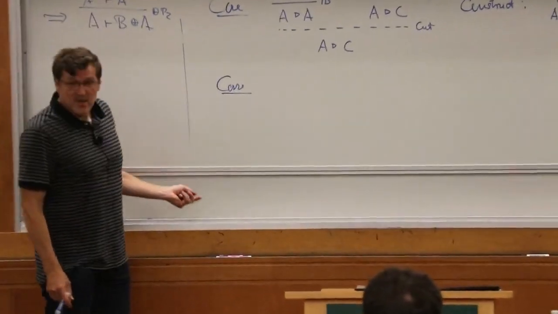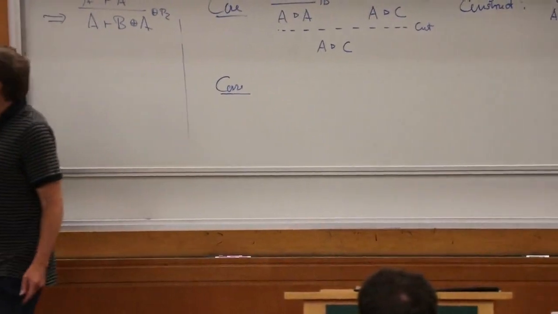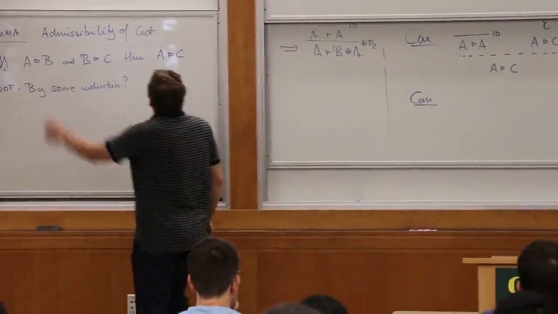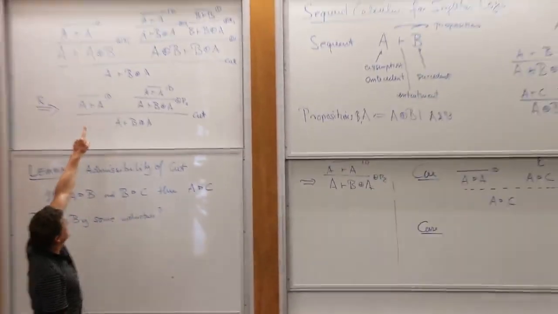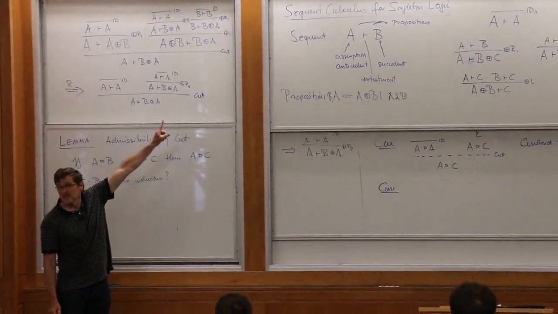Let's do the one about plus that we used from the example. So I have a plus right rule on the one side matched with the plus left rule on the other.